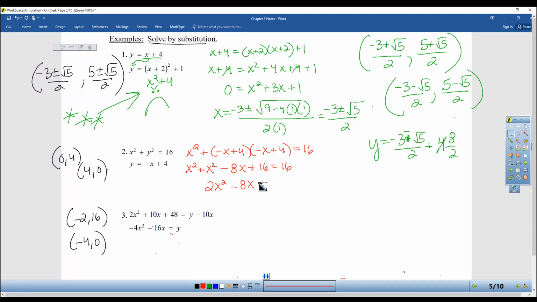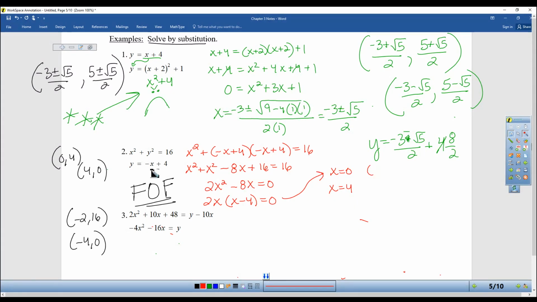So the 16s end up canceling, and sometimes people get really confused when there's no third term for factoring. But don't forget to factor out first. So factoring out is when I look at it and I say I can take a 2 out and an x out, and that leaves me with x minus 4. So my two answers are x is equal to 0 and x is equal to 4.